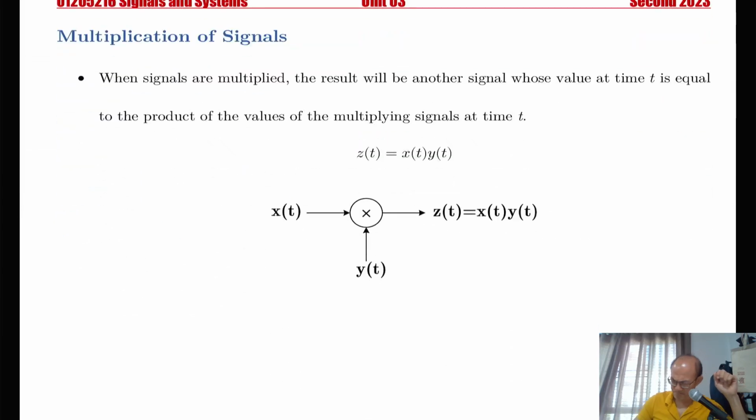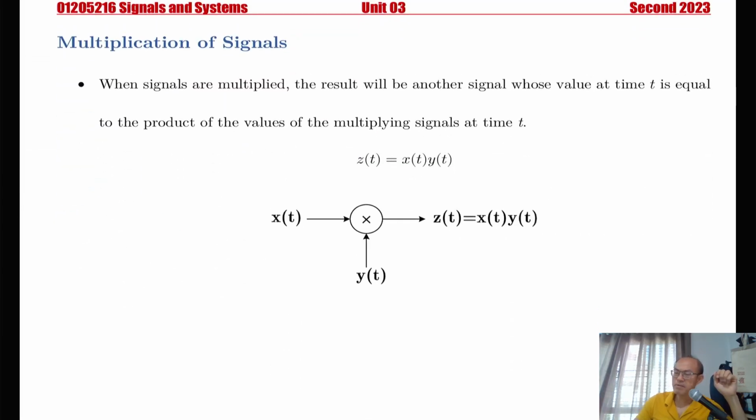Now, the next one is multiplication of signals. We had addition, right? Multiplication is basically the same. Instead of adding them together, we multiply the values of them together, interval by interval. So let's say we have x and y.